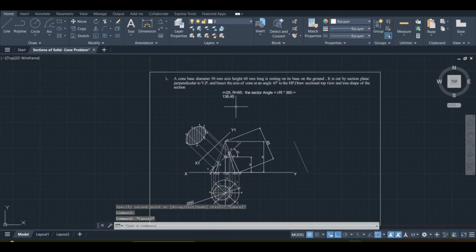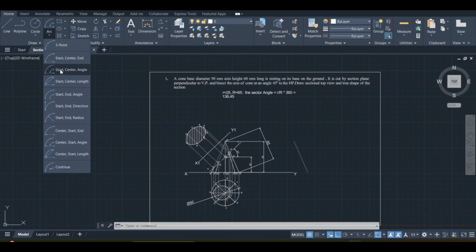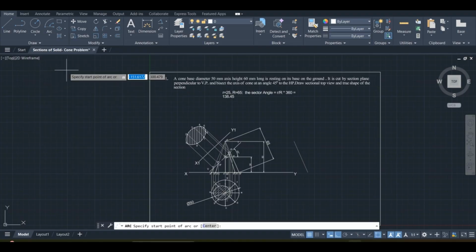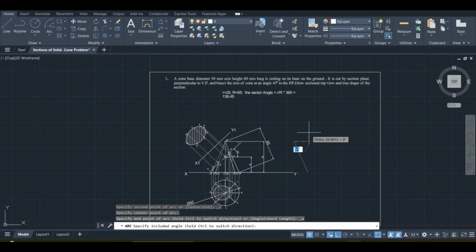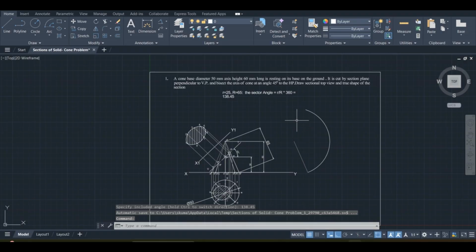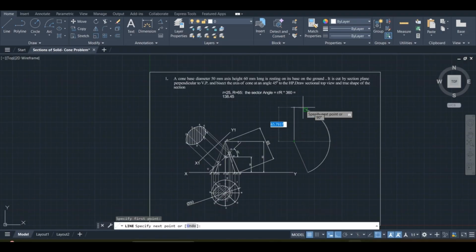Now with this angle, draw the arc. Start center angle I am taking. This is a starting point, this is a center point, and the angle is 138.45. Draw a line.